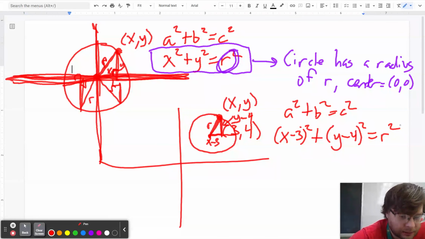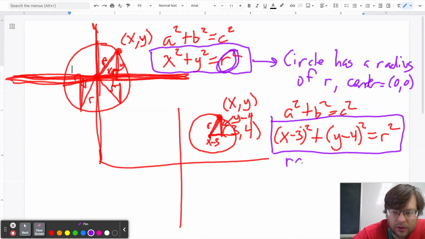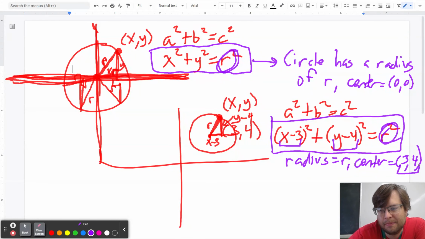So if you have an equation like this, which you can kind of think of as like a level 2 sort of circle equation, now we know, okay, same idea, that the radius equals the square root of whatever the number on the right is, but now we have to interpret the center as 3 comma 4. So be careful because in the equation you see x minus 3 and y minus 4, but when you write your center, it's positive 3 and positive 4.